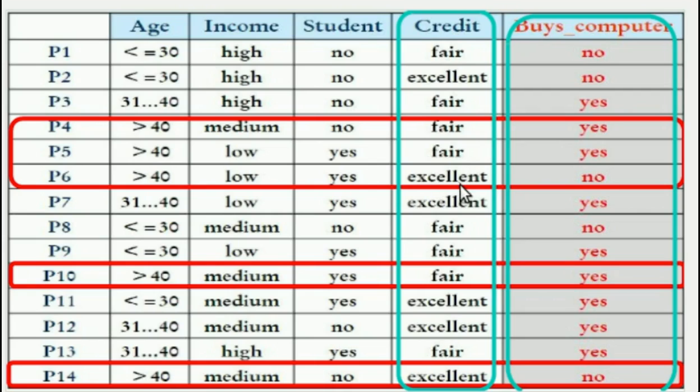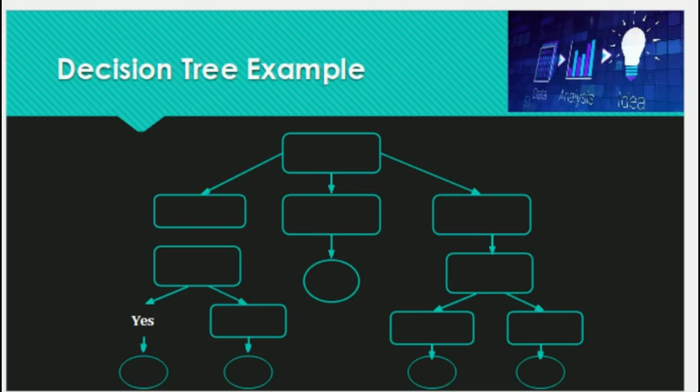Records P4, P5, P6, P10 and P14 have 2 classes, yes and no. So this node will further split into two. The constructed tree is shown on the next slide.